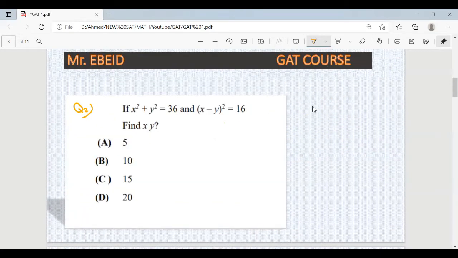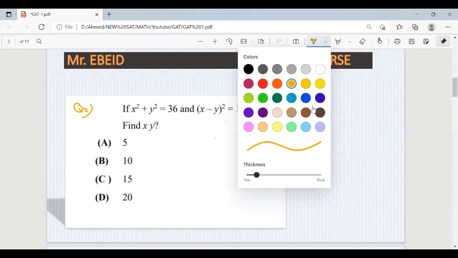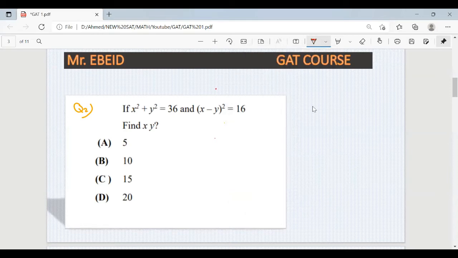Question 2. If x squared plus y squared equals 36 and x minus y all squared equals 16, find x times y. Let's change the color of the pen. So we have x minus y all squared equals 16. This is a perfect square, so it will be x squared minus 2xy plus y squared equals 16.